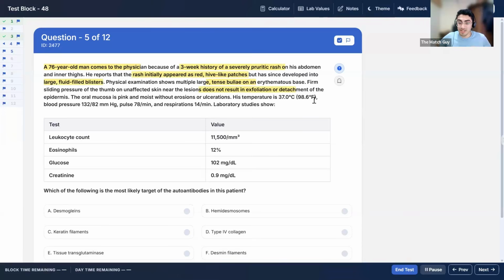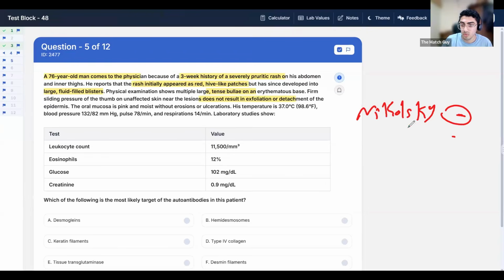So it means that this patient has Nikolsky negative. We only mentioned one condition that has Nikolsky negative today, which is bullous pemphigoid.